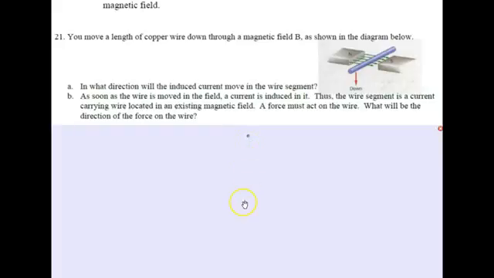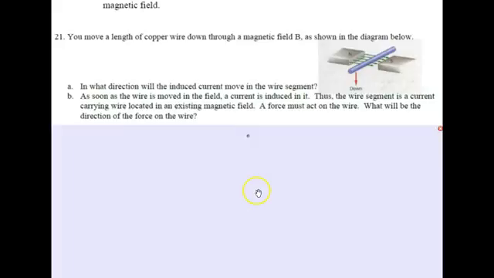If you're doing electron flow, you'd use left hand. Conventional current would be right hand. Let's do electron flow just for practice here. This would be left hand. So your middle finger would be down because you're forcing the wire down. The magnetic field is pointed to the right.